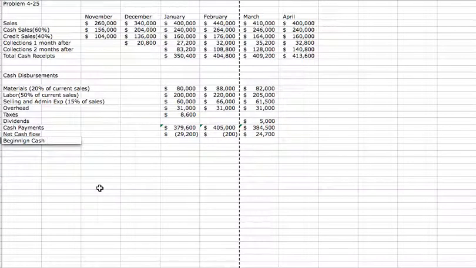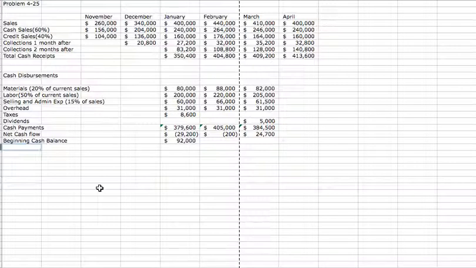So our beginning cash balance we were told is $92,000. Okay, and we're also told, according to the problem, that we want to have a minimum desired cash balance of $87,000.